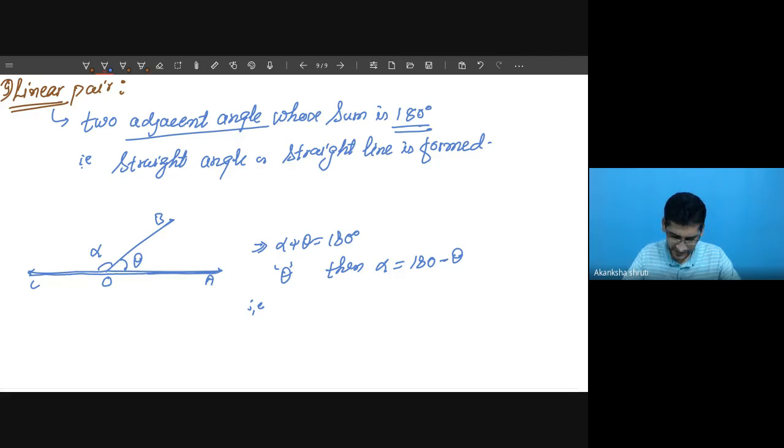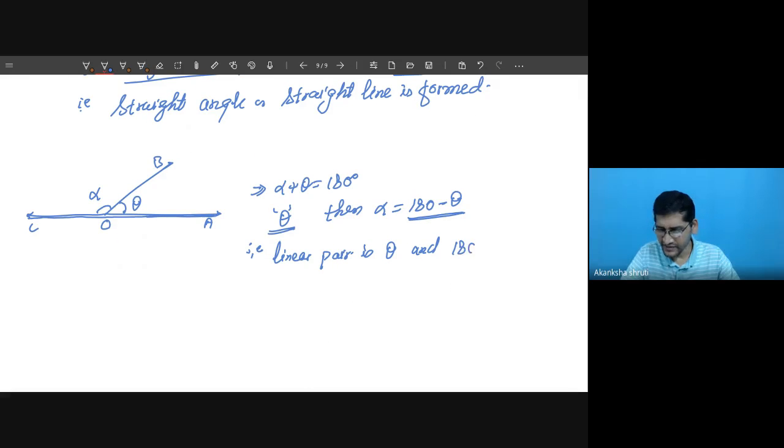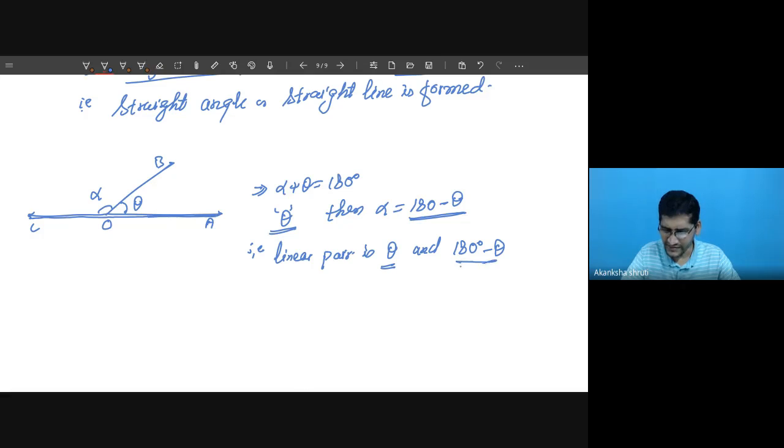Therefore, what is a linear pair? If one angle is theta, the other part of this pair will be 180 minus theta. Students, you can verify this. If you add this theta with 180 minus theta, what will you get? Theta plus 180 minus theta.